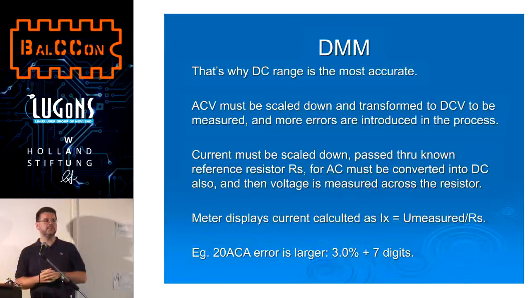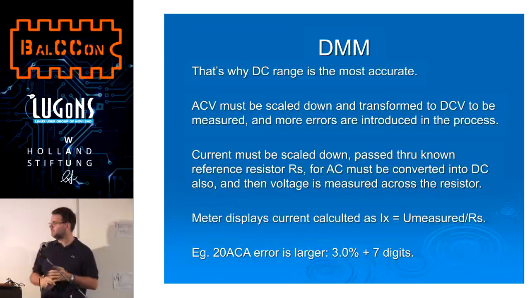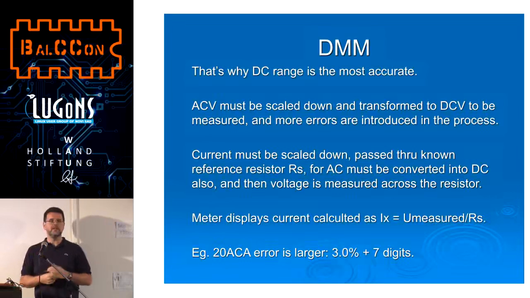Any other measurement like resistance, AC, capacitance need to have conversion from that value to DC, and that introduces some error. So you get the idea that with any other measurement than DC, you'll get some more error than the stated 0.3%.